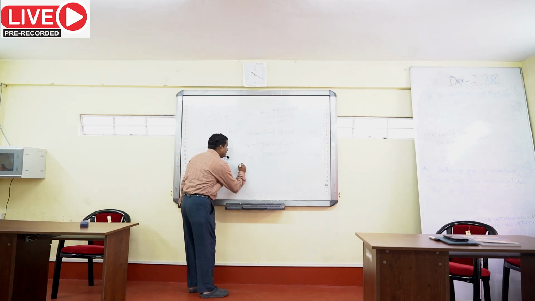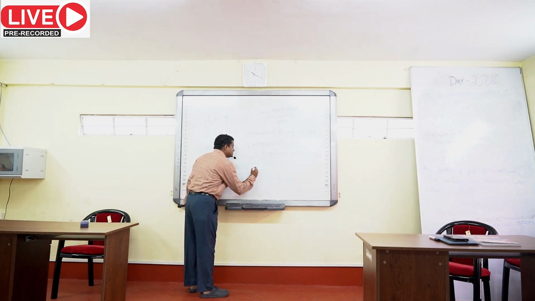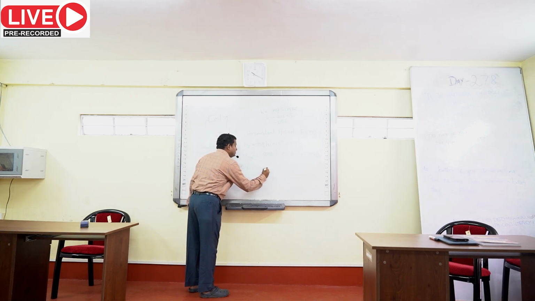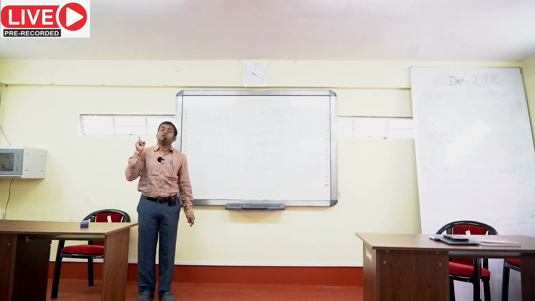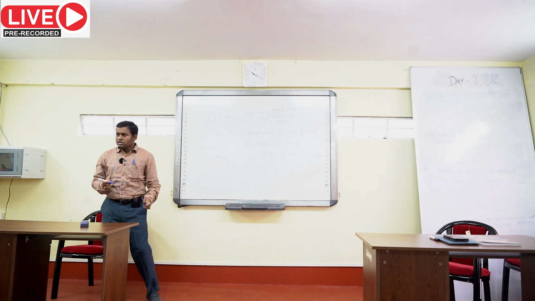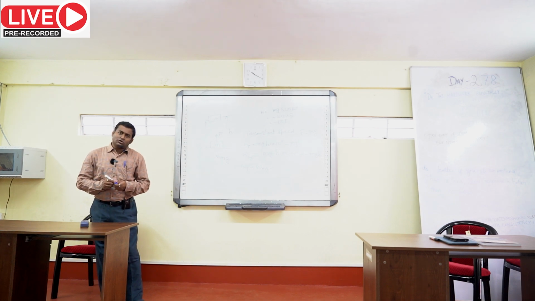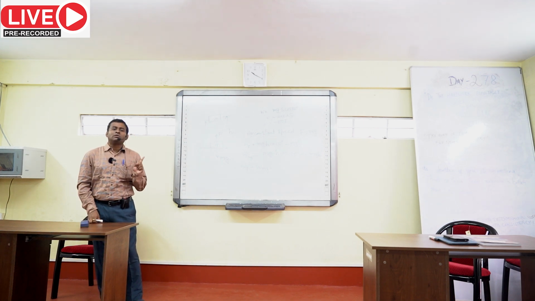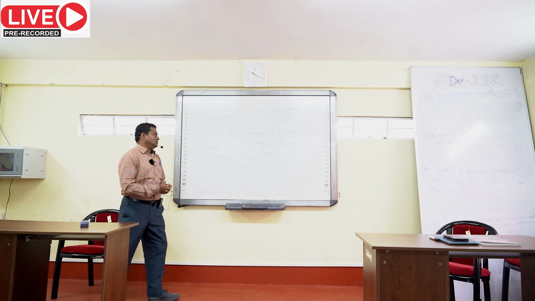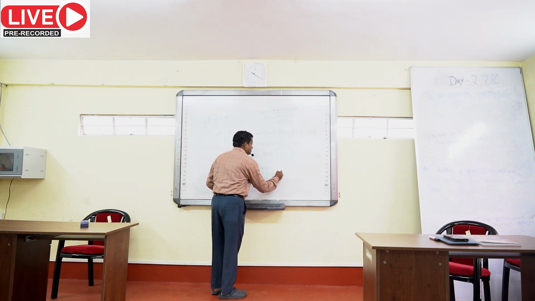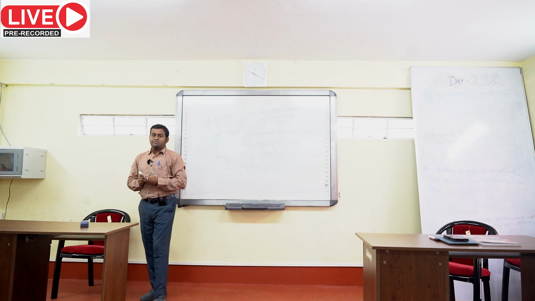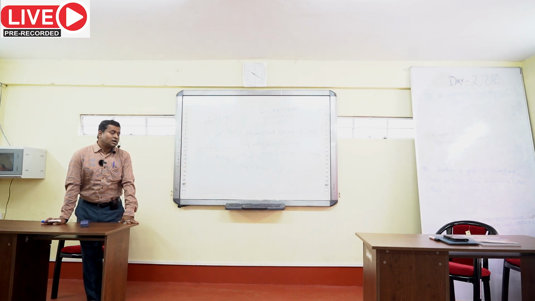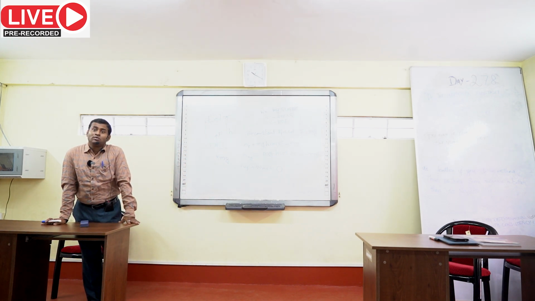Then if I calculate W_F plus W_mg, means work done by all the forces acting on the body, what will be their sum? 0. And that comes only due to constant speed. Work done by all the forces will be 0.